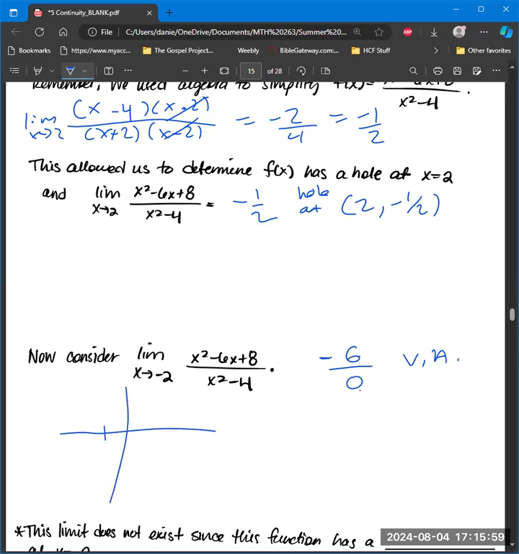We're going to say at negative 2, and we have a horizontal asymptote here at 1, and we have 1, 2, 3, 4, and we have a y-intercept of negative 2.